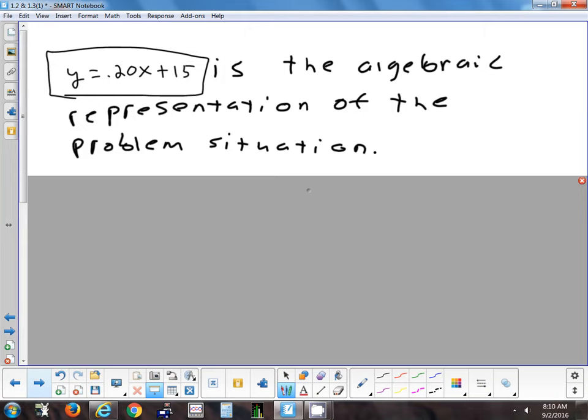All they would see is an equation. And if they knew y equals mx plus b, maybe they would say it has a certain slope and y-intercept. That's what the algebraic representation does. It takes the word problem out of it and makes it into something that's purely math. Just an equation.